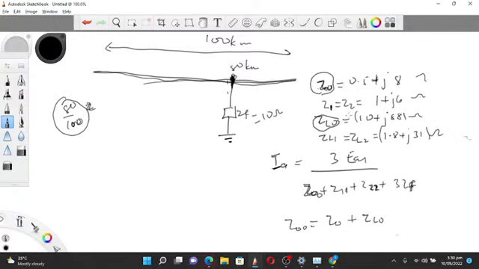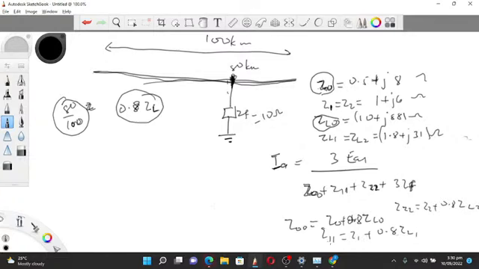So all the line impedances you see, you have to use 0.8 times the line impedance when you are solving. That means your Z00 is Z0 plus 0.8 ZL0. Your Z11 will be Z1 plus 0.8 ZL1. Z22 will be Z2 plus 0.8 ZL2.